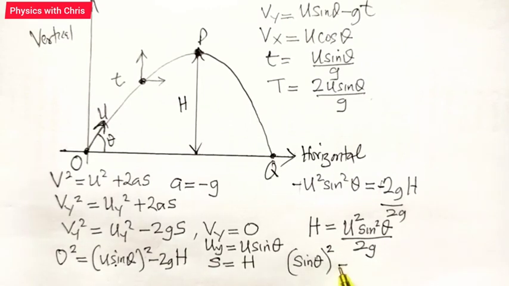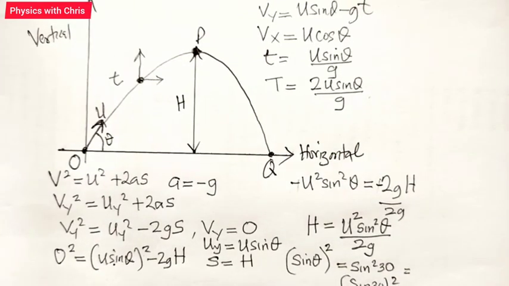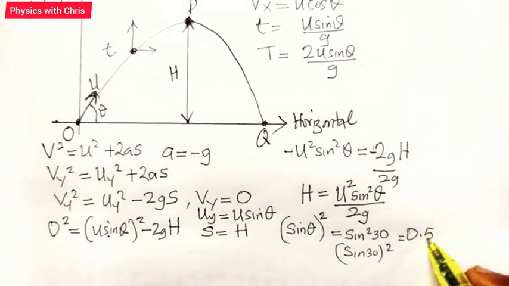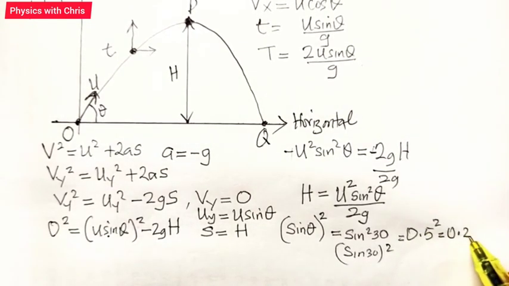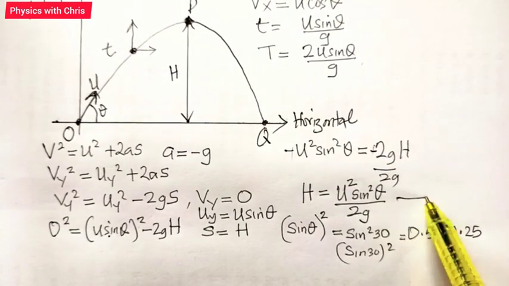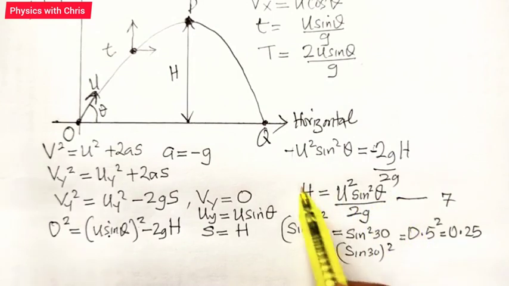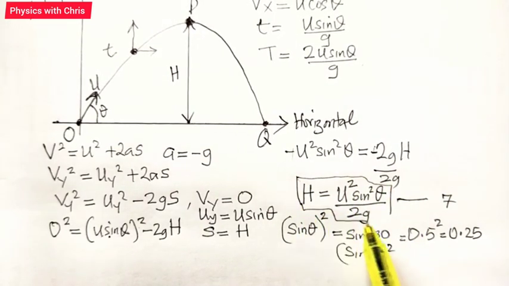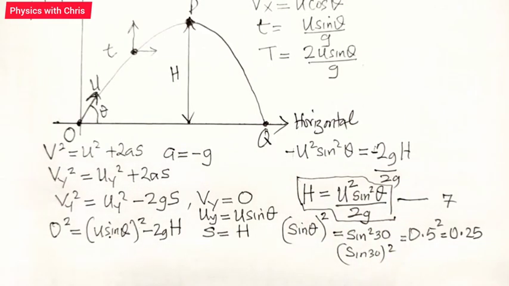Sine squared 30, or sine 30 all squared, is the same thing as finding sine 30 first. Of course, sine 30 is 0.5, and then we square the 0.5. That will give me 0.25. So that's how we evaluate sine squared theta. We can call this equation 7, the equation for calculating the maximum height attained by the projectile.